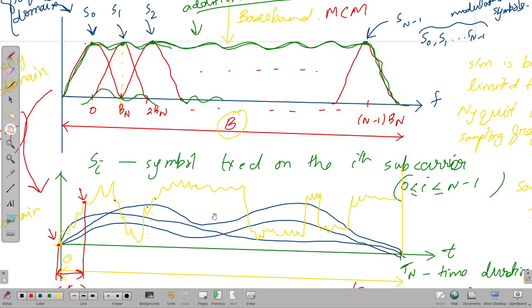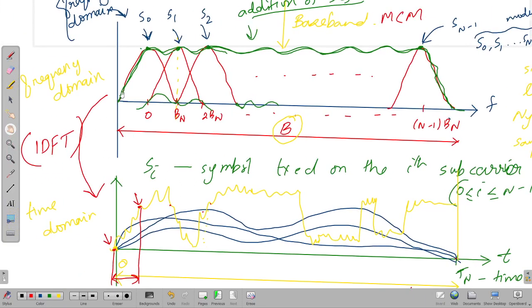So I can have the same number of points in the time domain by taking an inverse discrete Fourier transform, a conversion from the frequency to the time domain. Consider that the points are now discrete in nature. Earlier we were talking about continuous signals, but here S0, S1, S2 up to Sn minus 1 are the frequency domain data points, now considered as discrete points sampled by an interval of Bn.